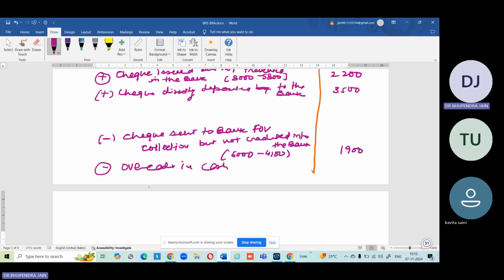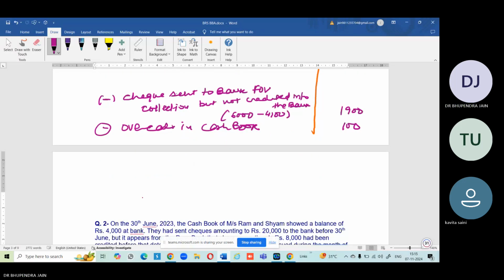Overcast in cash book. How much? 100. Next.